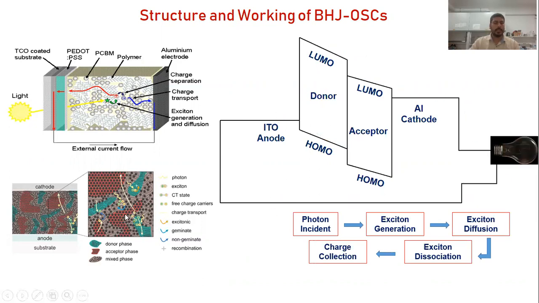So when light is incident, there is a generation of exciton. Sometimes the exciton recombines by itself, which is called geminate recombination. But when they successfully diffuse towards the interface, they dissociate and are converted into separated charge carriers, and the charges move towards the respective electrodes.